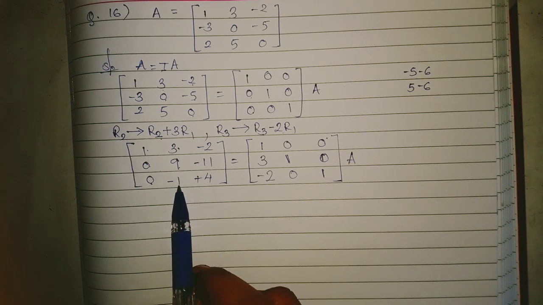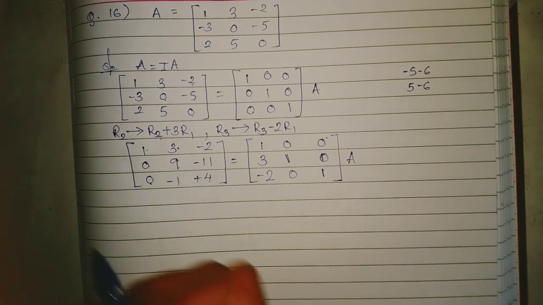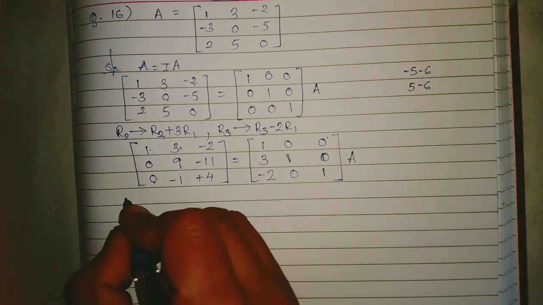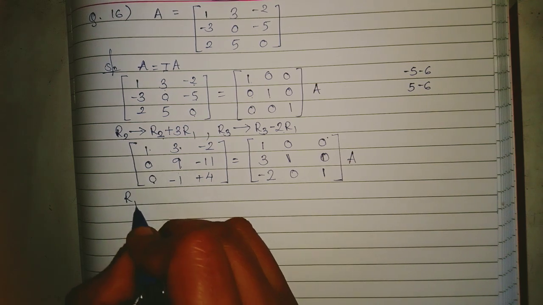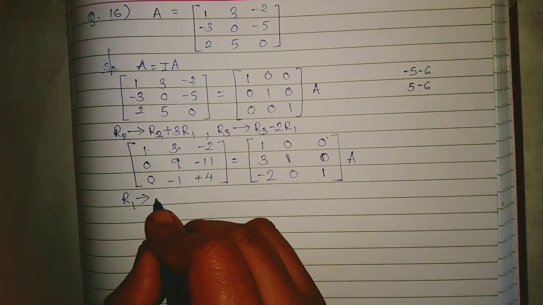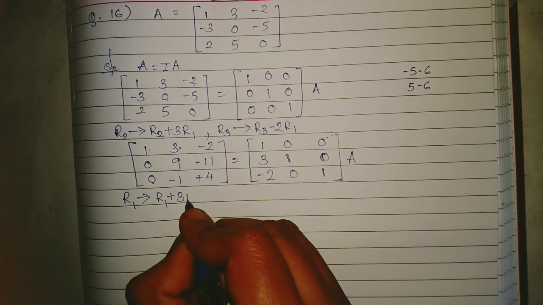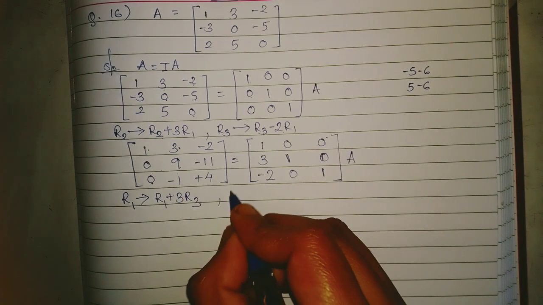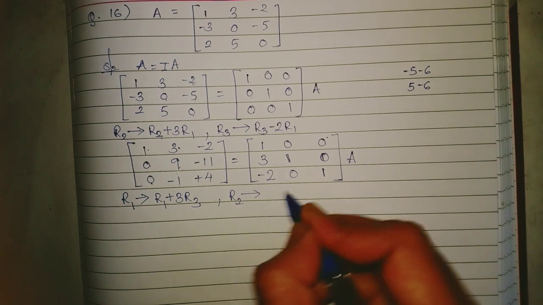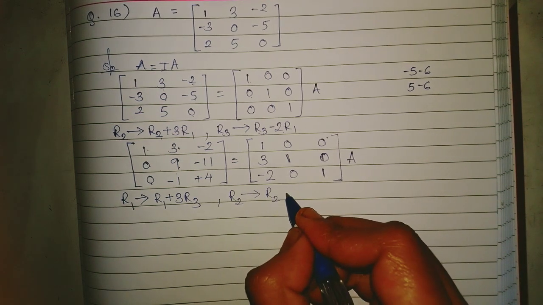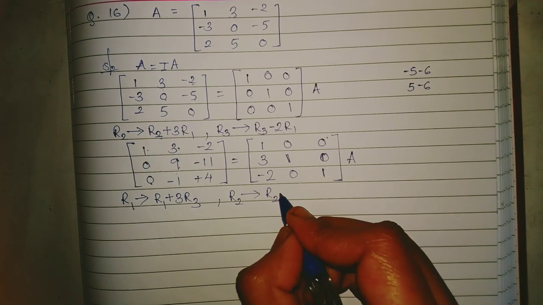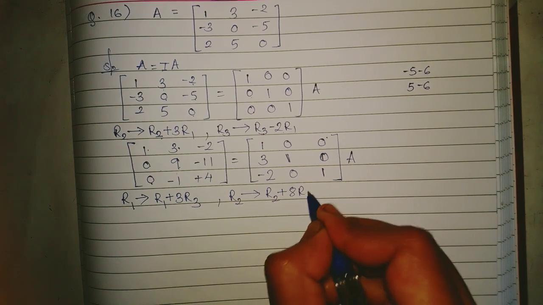Then if I multiply this by 8 and add it to R2, then this will be 1, right? So you can take operations on R1 plus 3R3 and R2 plus 8R3.